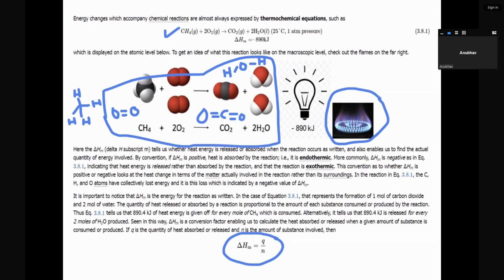We have an example here: if we burn ethanol in air, that is oxygen, we will produce CO2 and H2O. The above equation describes the combustion of liquid ethanol at a constant temperature and pressure. The delta H is negative, and the negative sign indicates that it is an exothermic process.